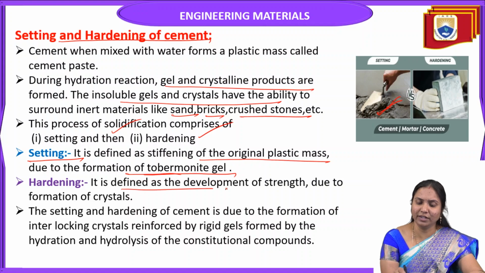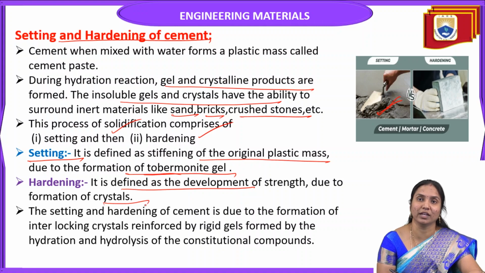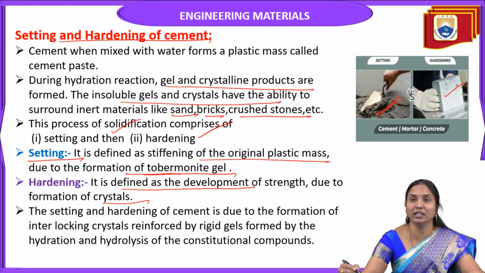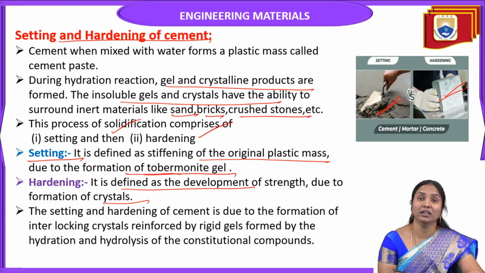Hardening is defined as the development of strength due to the formation of crystals like calcium hydroxide. Hardening means a development of strength due to the formation of crystalline compounds. So setting provides plastic nature due to the formation of tobermorite gel, but hardening provides strength due to the formation of crystalline compounds.